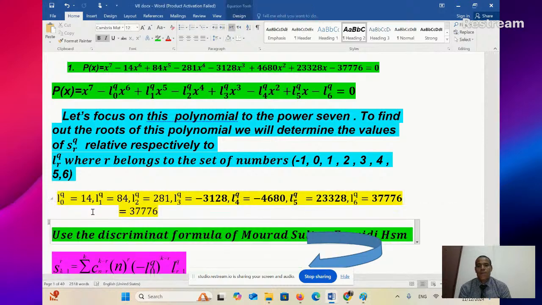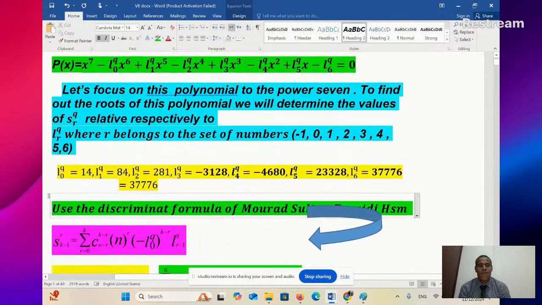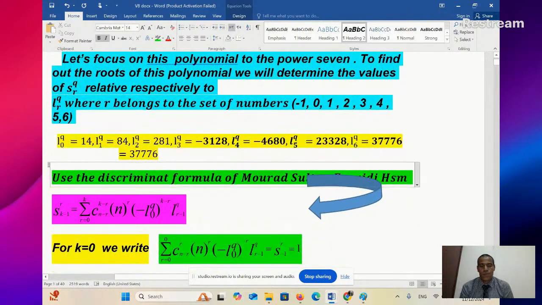Then you should also set k equal 1, and find 0, simply because the sum of the roots has to be equal to 0. Then you should set k equal 2 in the discriminant formula, and k equal 3, 4, 5, and 6, so that you can find a new 7-degree polynomial equation.